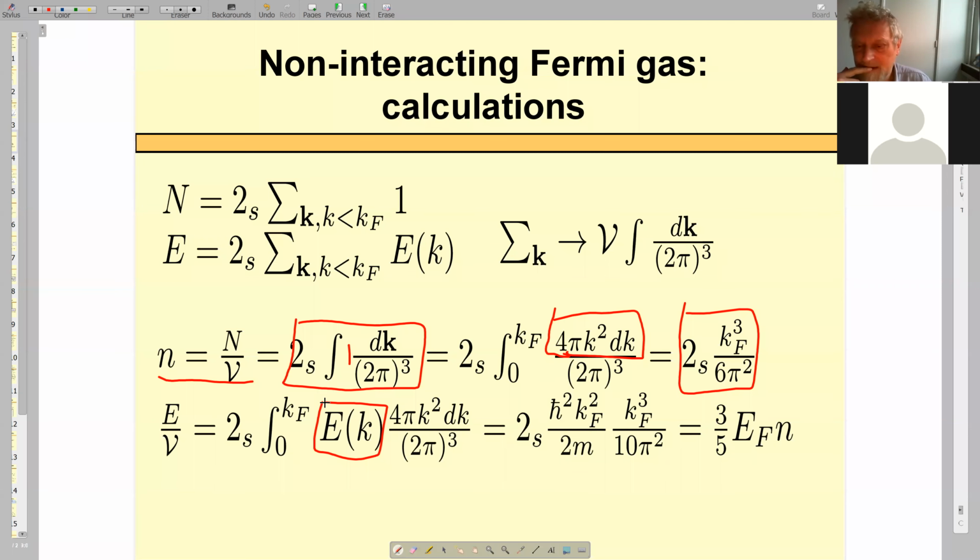It's the same elementary integration, and this is the answer. So a particle on average has an energy of about 60% of the Fermi energy. That's the energy density.